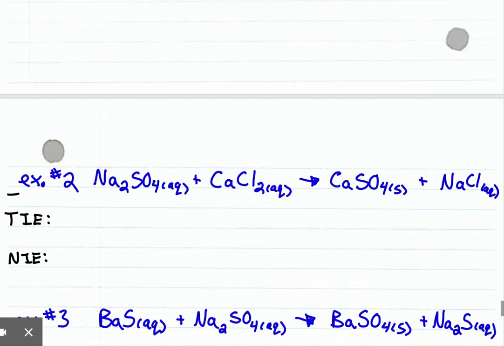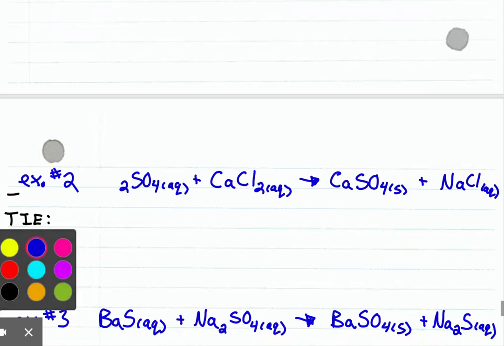So we have to pull out all of the ions, write out all of the ions that would exist in the ion party. That's what the total ionic equation is. So our first ionic compound is Na2SO4.